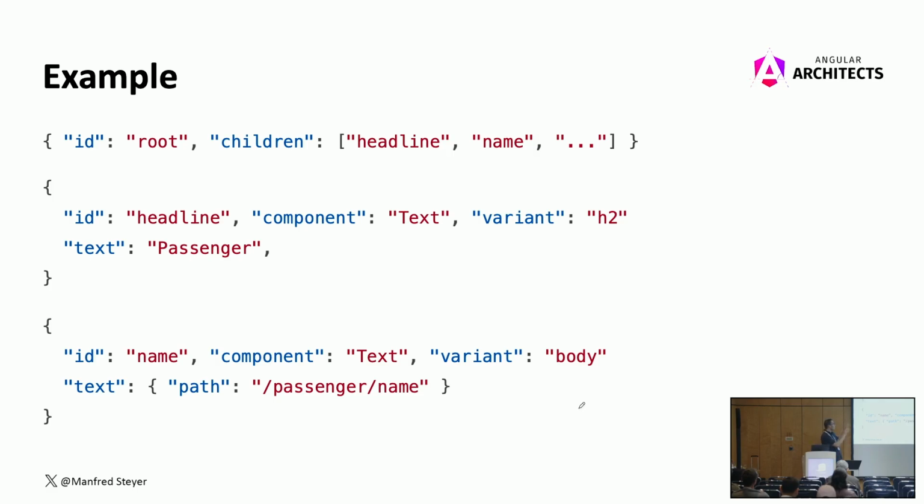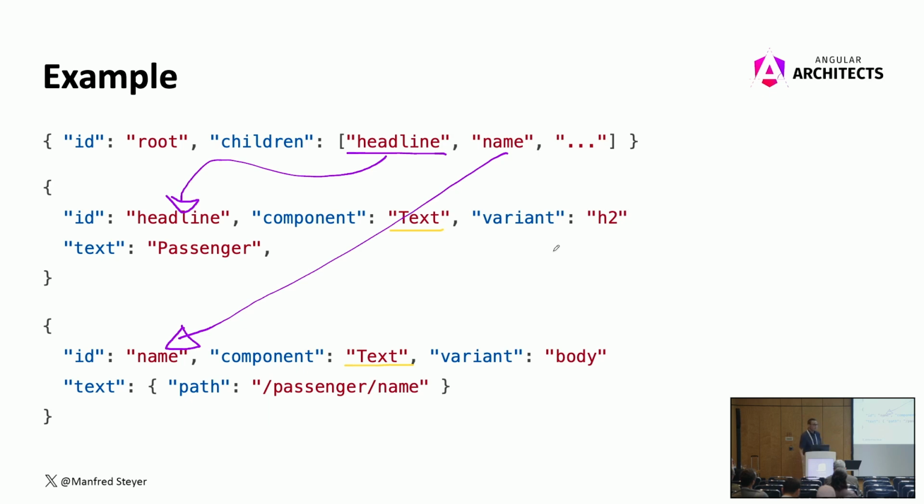Those are really separate documents because we want to stream them down little by little. But all those documents together form a component tree because they are referencing each other via IDs. And there are even already some pre-existing components in there, like the text component I'm using here.